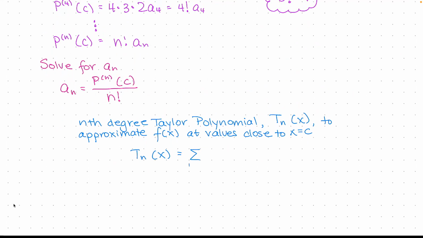So we're going to say k equals 0 to n, and then I'm basically going to write the formula we have above. The kth derivative of f evaluated at c, over k factorial, times (x minus c) to the kth power.